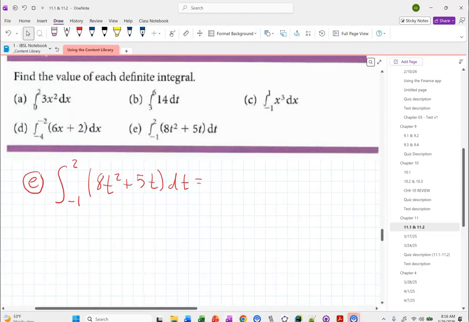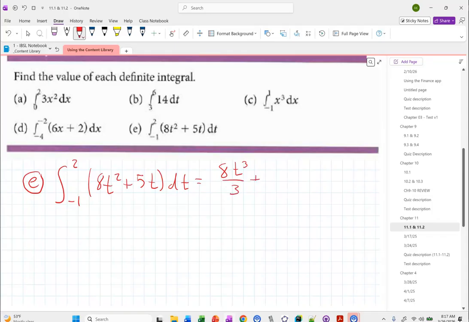So we're going to start by writing the formula for the antiderivative with no plus c. So I add 1 to the exponent and divide by the new exponent. I'll draw my vertical line, write my lower bound on the bottom and my upper bound on top.